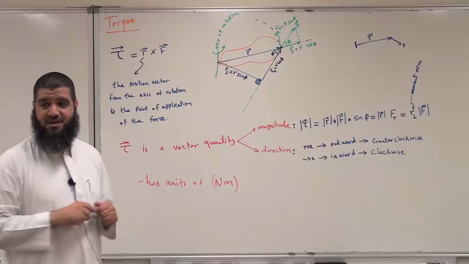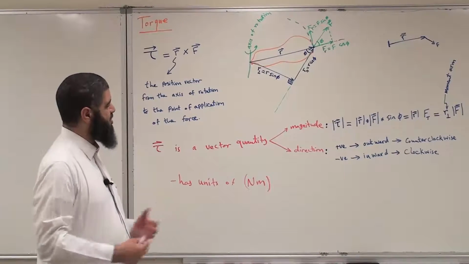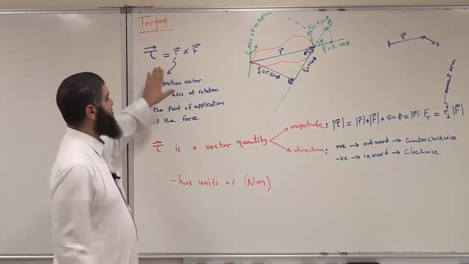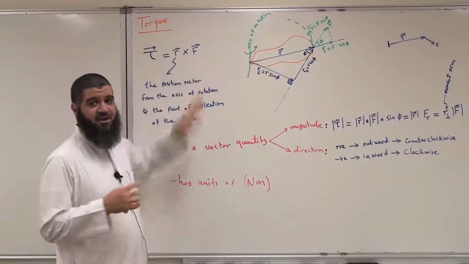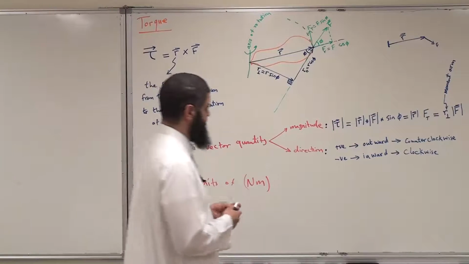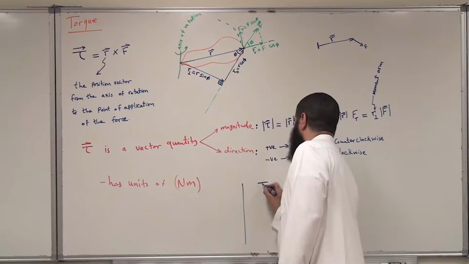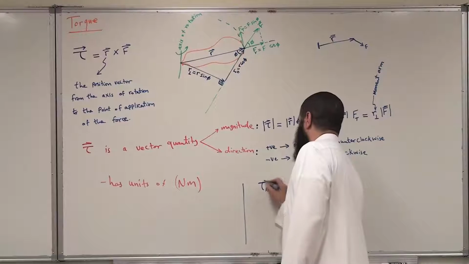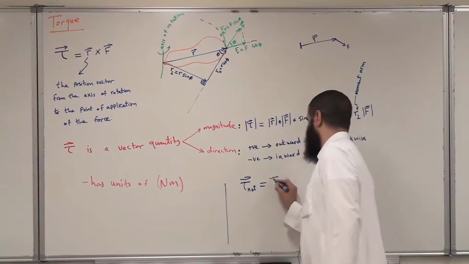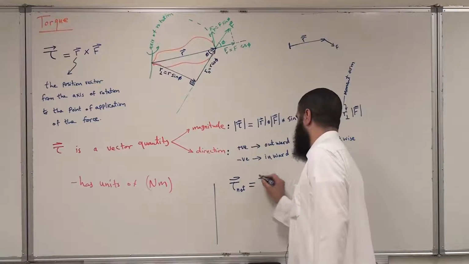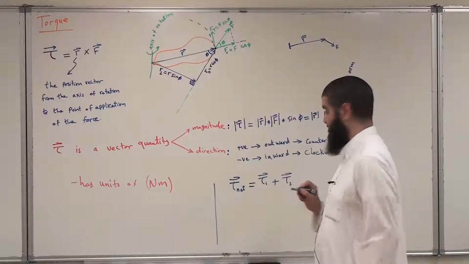I think now it is time to get an example to find the torque. If you have a single force, the torque will be R cross F. If you have more than one force, we should talk about the net torque, and we add the torque of the first force, torque number 1, plus the torque of the second force, a vector sum.